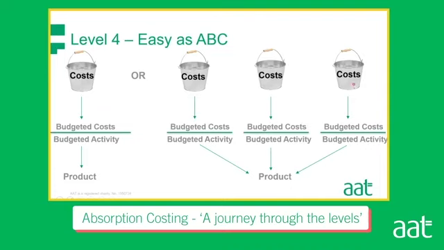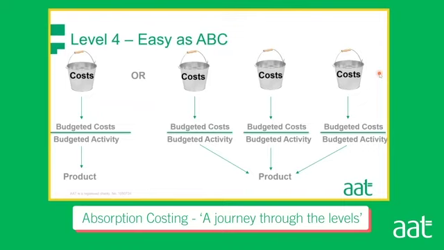Because ABC basically says, hang on a minute, just how realistic is it? How reflective is it that the charge you've worked out for an individual product or an individual service can be accurately reflected by an overhead absorption rate that is based on just labour hours or machine hours?